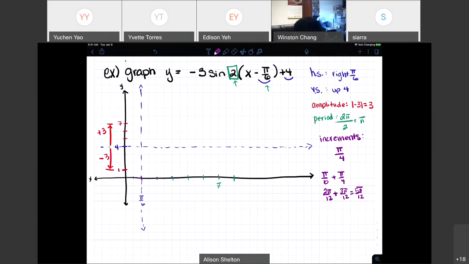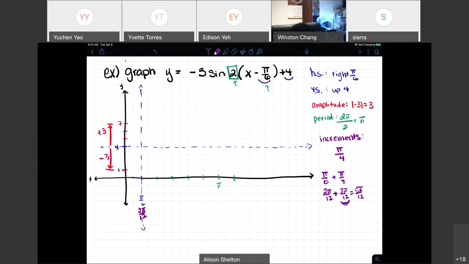So starting at our first one, pi over 6 is the same thing as 2 pi over 12. Each time we're adding 3 pi over 12 to that.